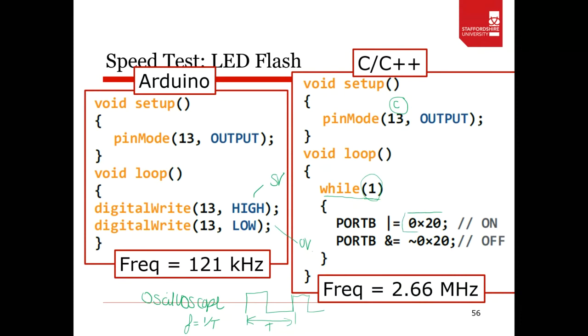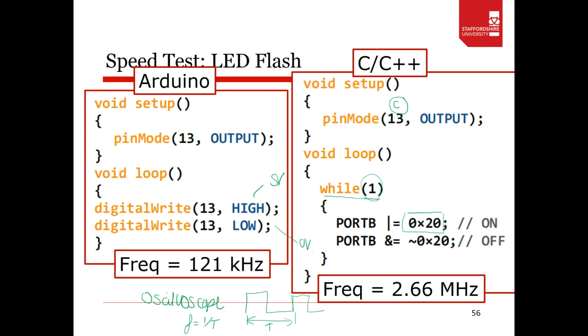now, does anybody know what 0x20 means? It's okay if we don't. I'll give you a clue. The x refers to hexadecimal.